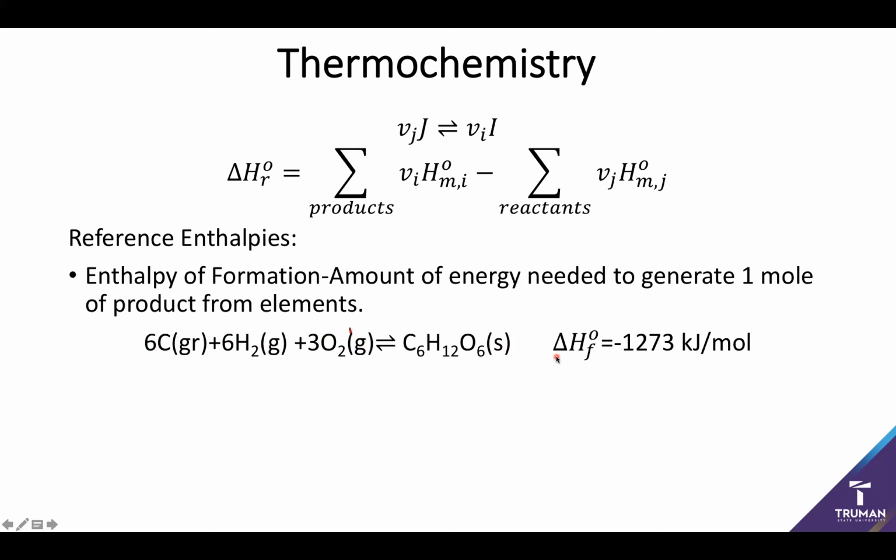And so this reaction is going to give me my enthalpy of formation. Whenever we're talking about the enthalpy of glucose, we're typically going to be referencing this enthalpy of reaction simply because there's no other good way to encapsulate how much energy is in that species.